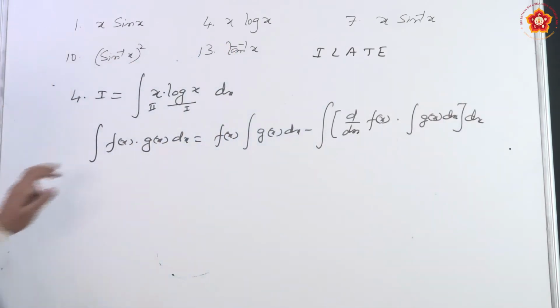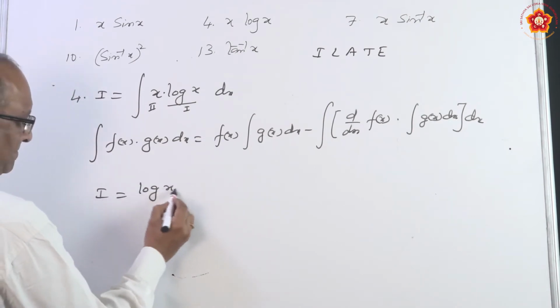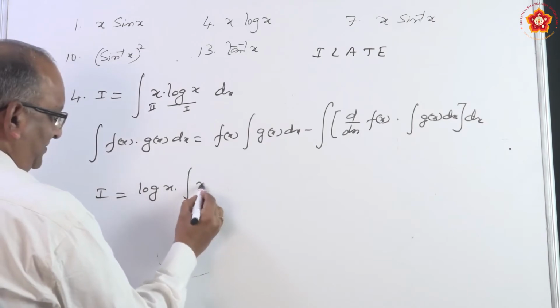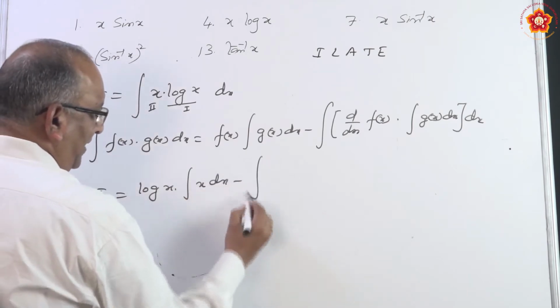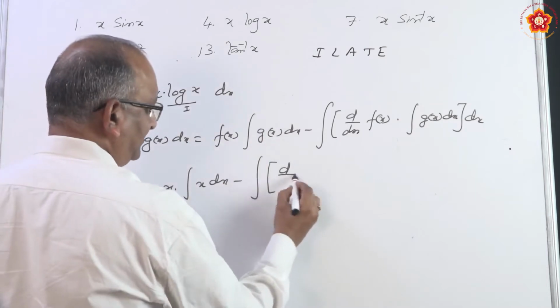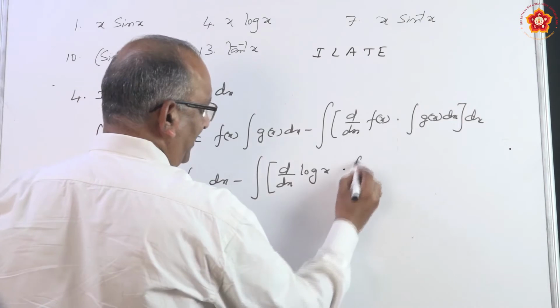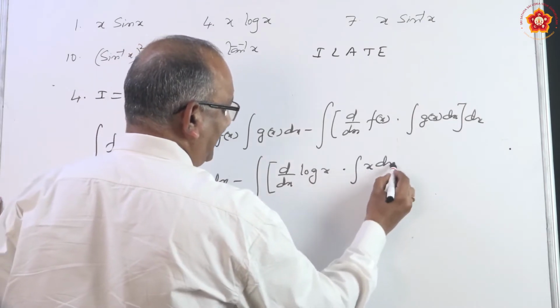Apply this formula. First function we have taken as log x. So, I can be written as log x into integral of second, that is x dx, minus integral of derivative of log x, d/dx of log x, into integral of x dx.